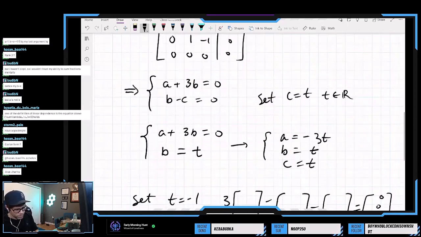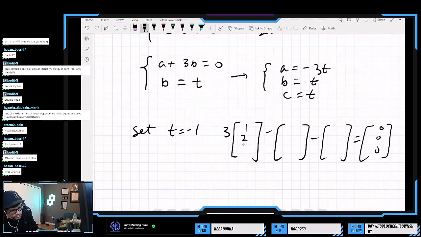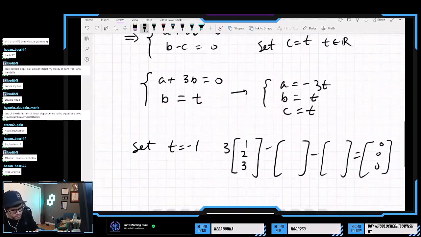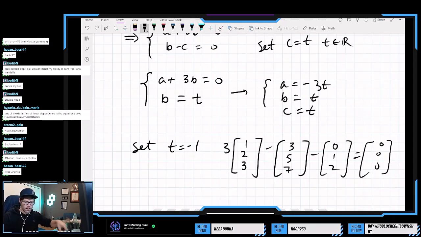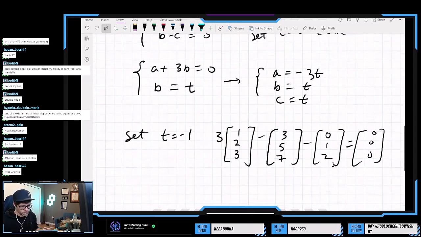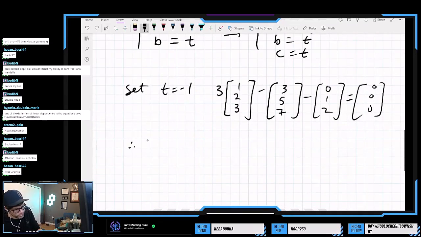So 1, 2, 3. 1, 2, 3, 3, 5, 7, and 0, 1, 2. So this is what somebody noticed. I forget who noticed this right off the bat, but somebody did notice that this should be linearly dependent because we can find some values. Cool. So therefore, linearly dependent.